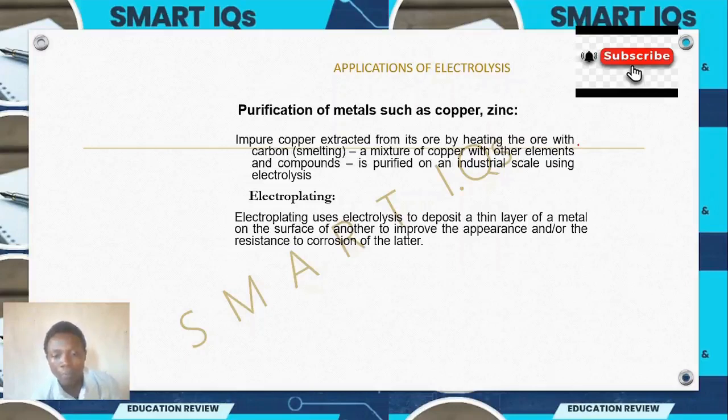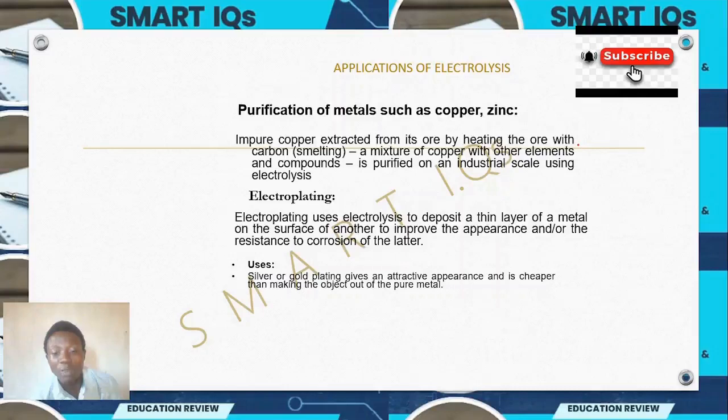Are we together? Good. So silver or gold plating, of course, automatically gives an attractive appearance, and this is cheaper than making the object out of the pure metals.